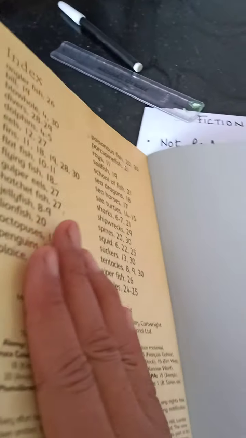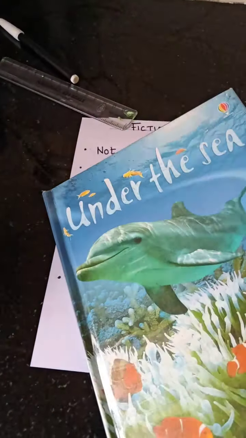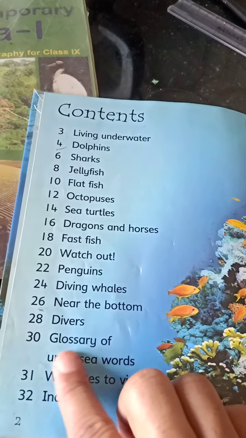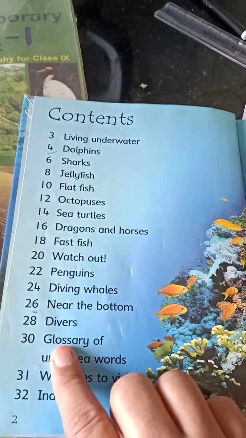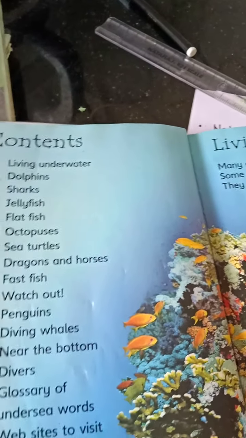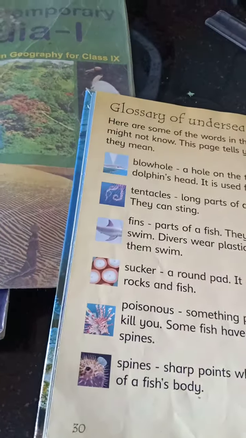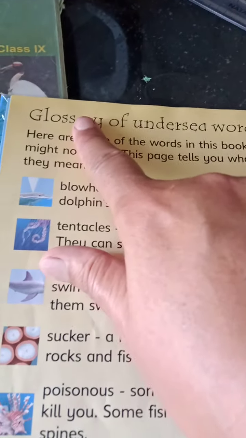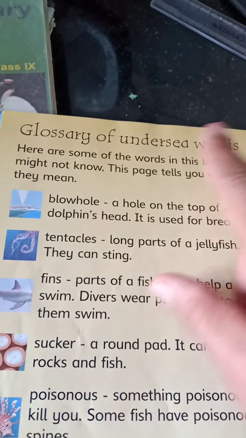Okay, children? Now I was talking about something called glossary, and that's the objective of today's lesson as well. Glossary. So it says glossary on page number 30. Let's quickly go ahead and look for page number 30. Here it is. So it says glossary of undersea words.